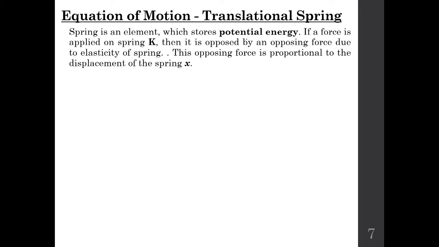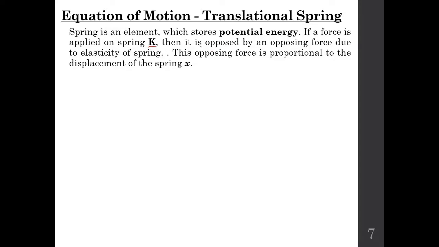We know that a spring stores potential energy. So whenever you apply some kind of force on the spring, it will apply an opposite force in response to that applied force. So assume that you are applying a force on a spring whose spring constant is k.